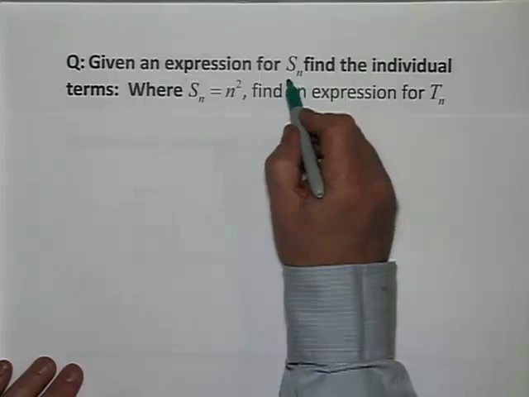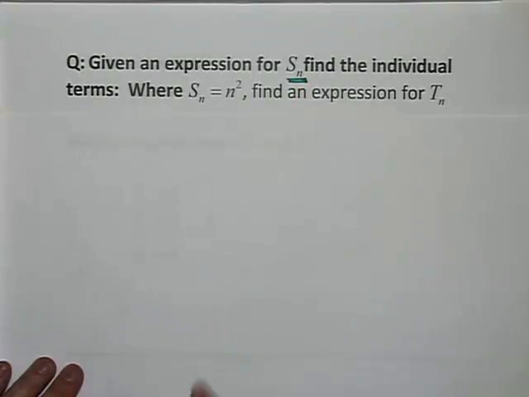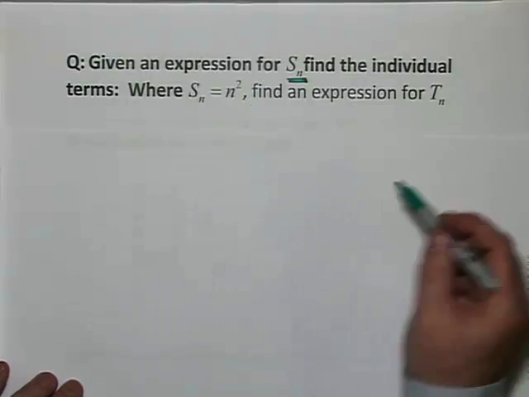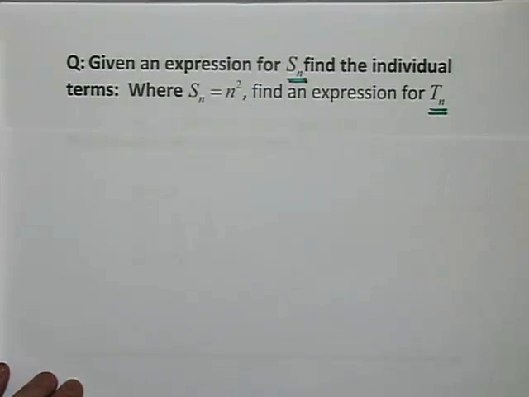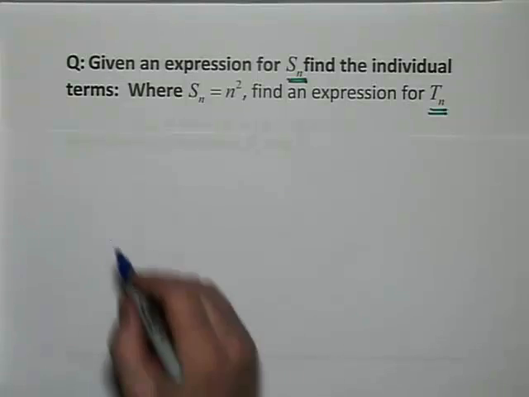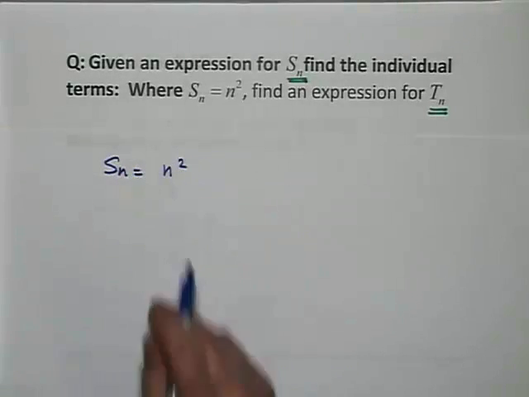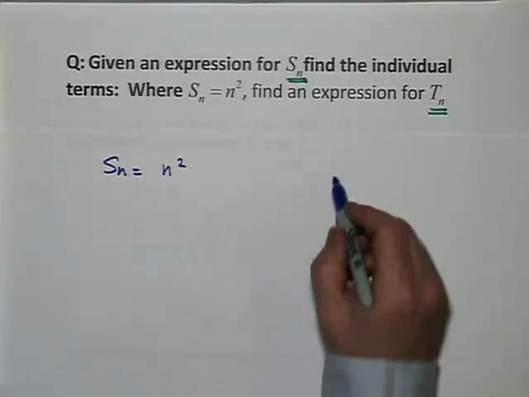Given an expression for Sn, not Tn, Sn, for the individual terms where Sn is equal to that, find an expression for Tn. Okay, so what they're saying is, I'm not going to tell you about these things individually, but I'm going to tell you about them collectively. So Sn is equal to n squared. How can I get Tn?